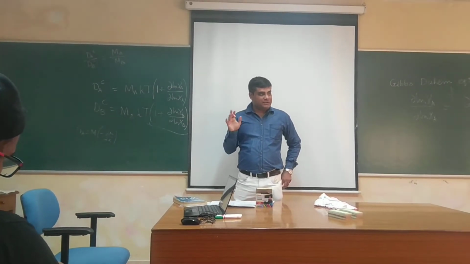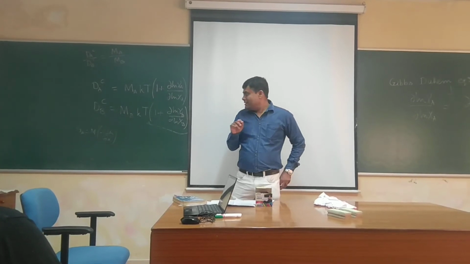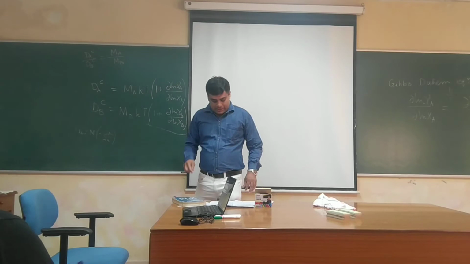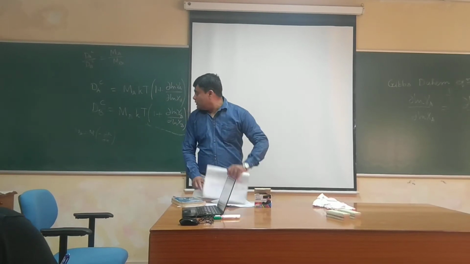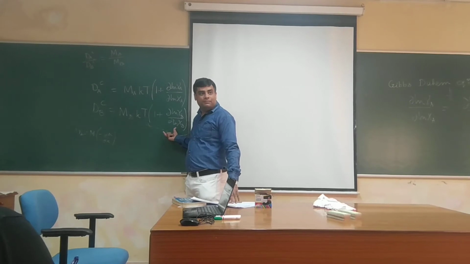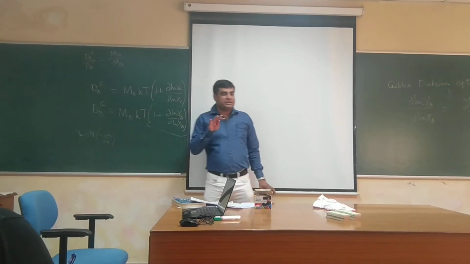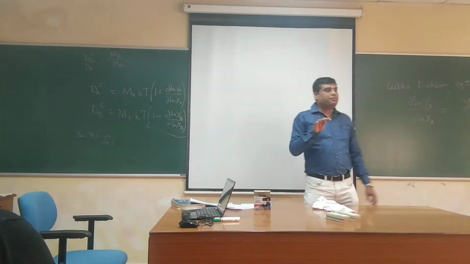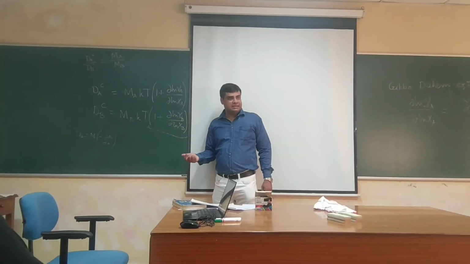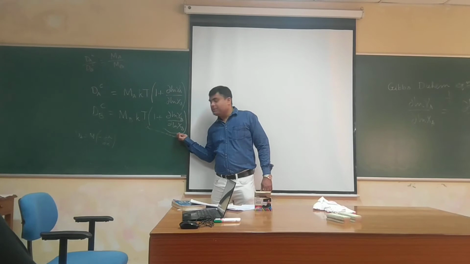So if you use that equation, there also this becomes zero, because in the homogeneous alloy there is no composition change, the xB is not changing, so this is not coming into picture at all.